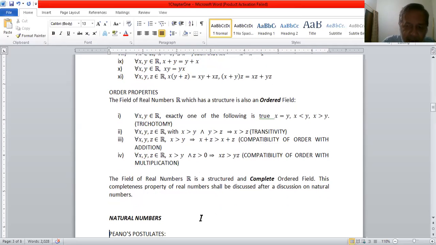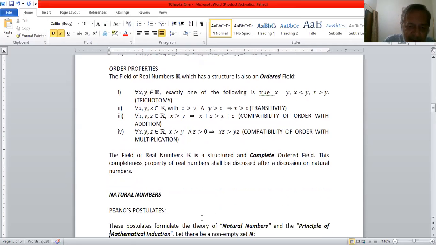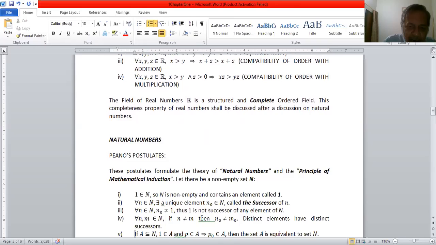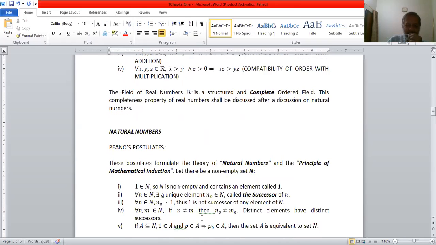तो मैंने कहा था कि कंप्लीटनेस पर आने से पहले ज़रा नेचुरल नंबर्स पे नज़र डालें और ज़रा अपने आप को थोड़ा सा हैरत ज़दा होने के लिए तैयार हो जाएं. Get ready to be surprised. Peano's postulates.